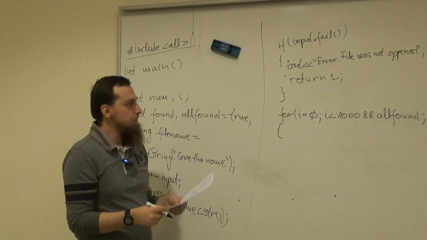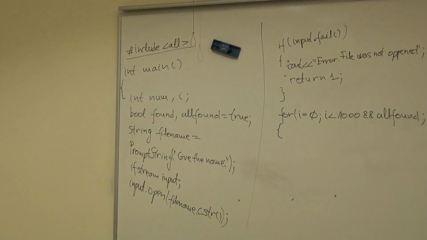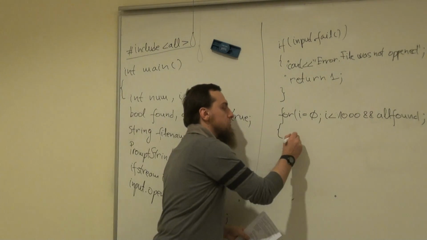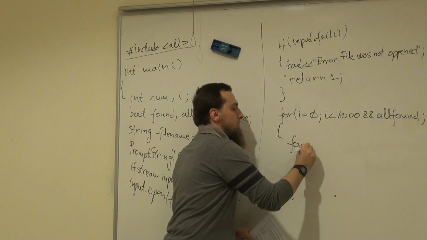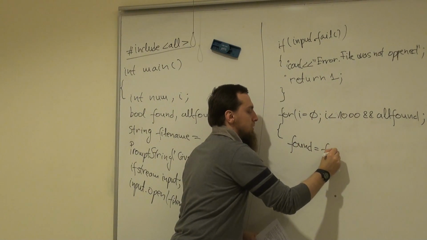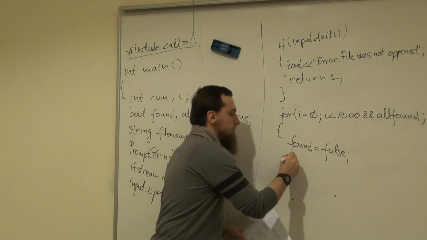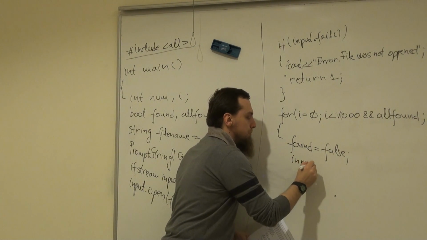What do we do here? Now we go with this boolean here. Initially, I say I didn't find the character I'm looking for. So I'm starting from 0. So I say found, you remember? Found is equal to false. I'm clearing the input. Why?